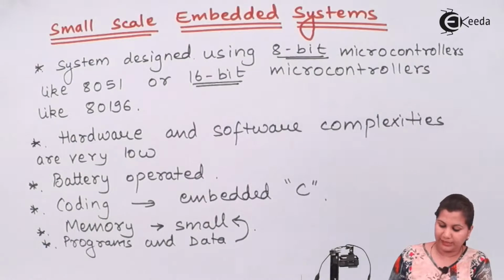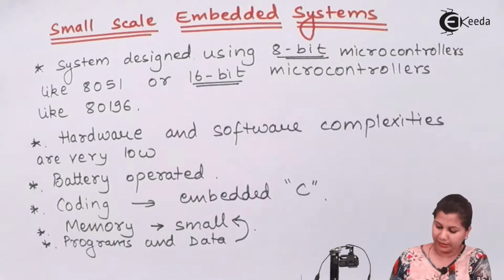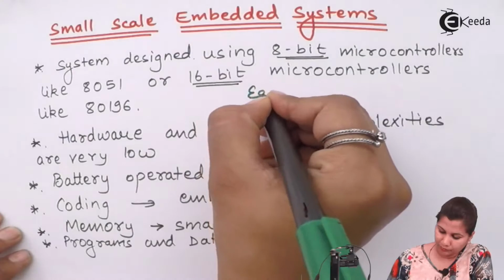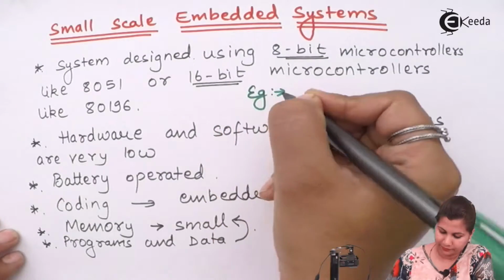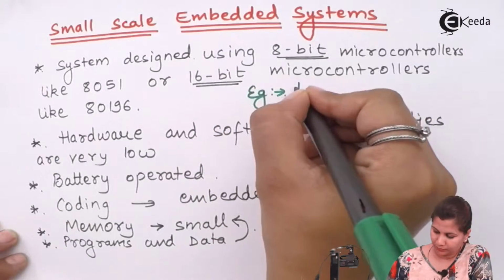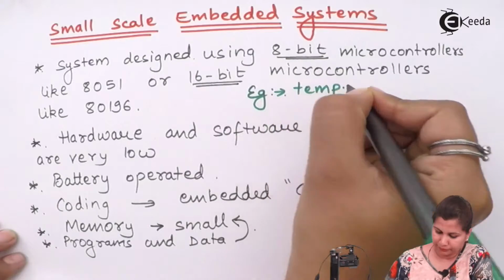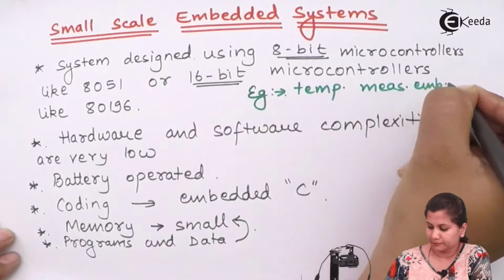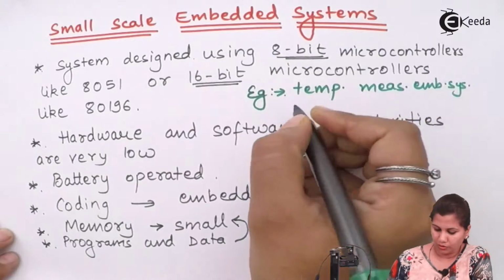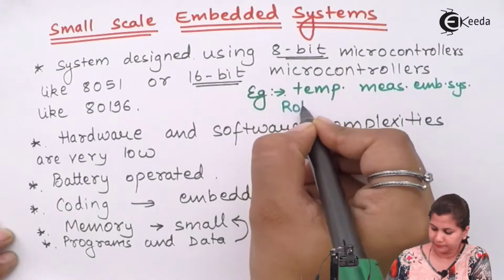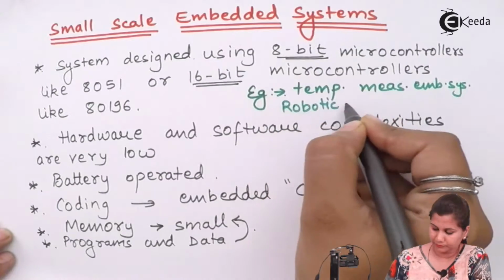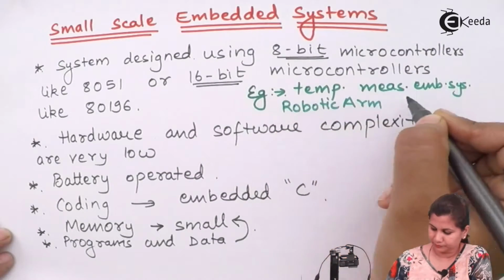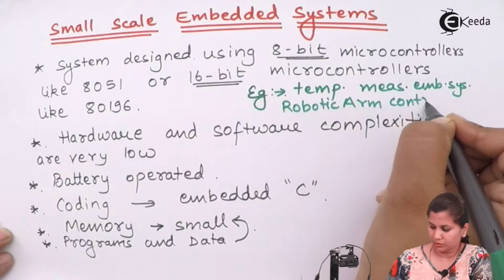Now, if we see some examples of the small scale embedded systems, then its examples are a simple temperature measurement embedded system, or a robotic arm controller.